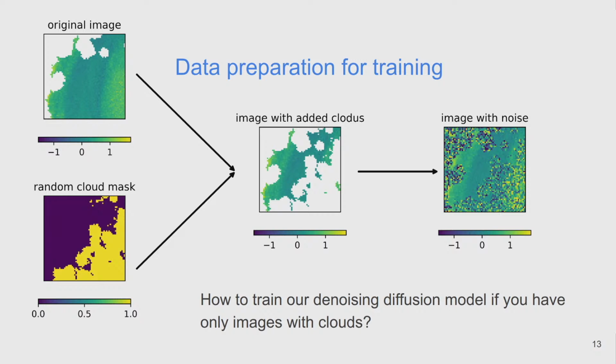Okay. So now the traditional diffusion model works. You train the traditional diffusion model by using complete images. Okay, but for ocean data, you never have complete images. You could use them from a hydrodynamic model, but if you want to train a neural network with satellite data, you will always have clouds. So you have to think about how to include the fact that you have missing data already in the training data set.